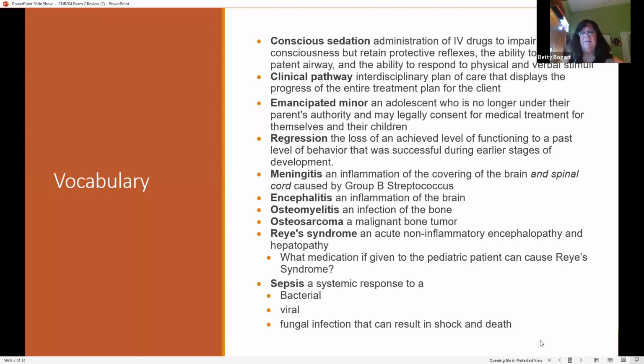Now, meningitis and encephalitis are confusing, but the brain has a covering called the meninges. So, meningitis is an inflammation of the covering of the brain and the spinal cord. And that's caused by group B strep, guaranteed group B strep, okay? Encephalitis is the brain itself, an inflammation of it.